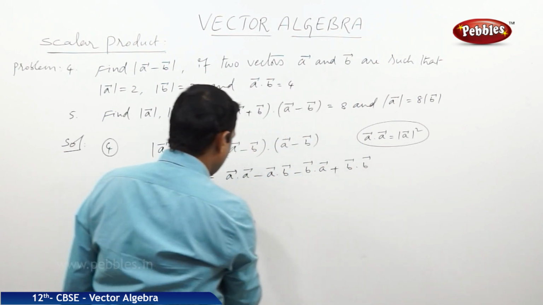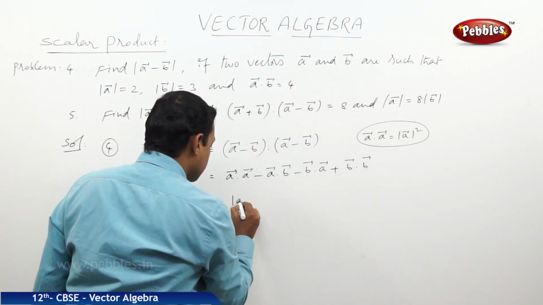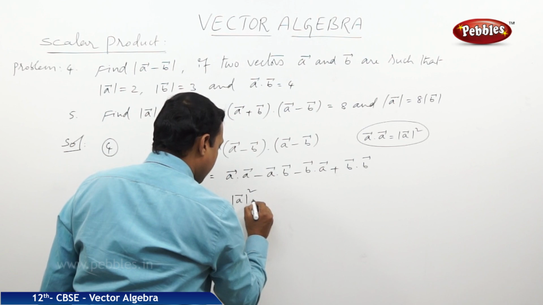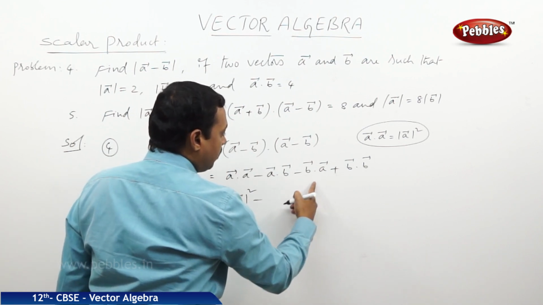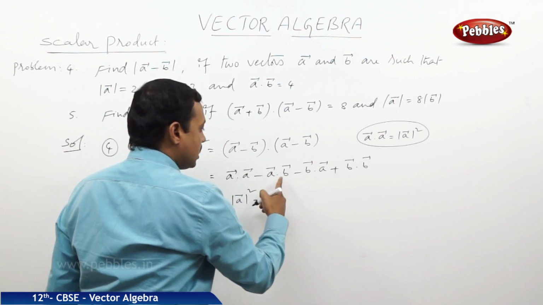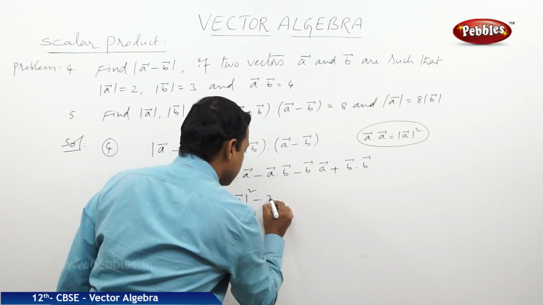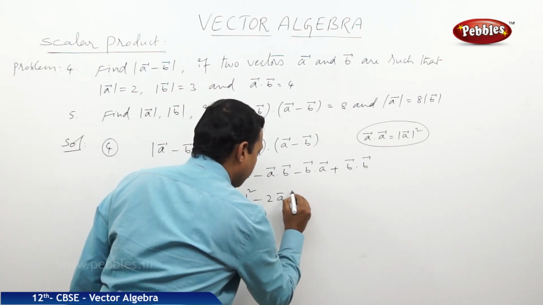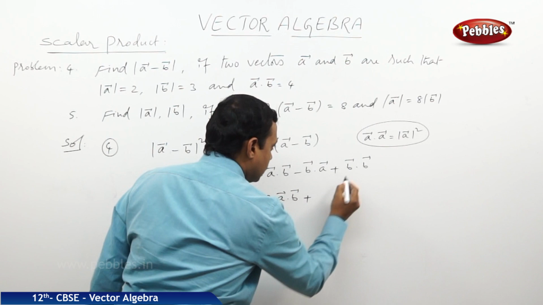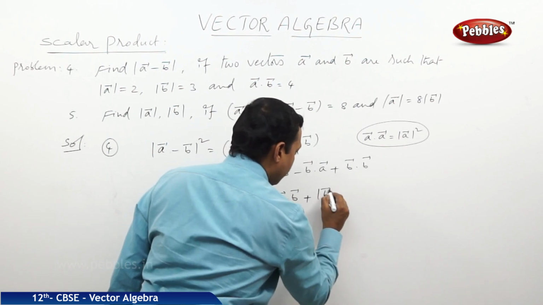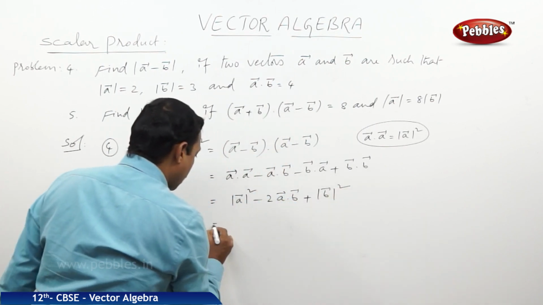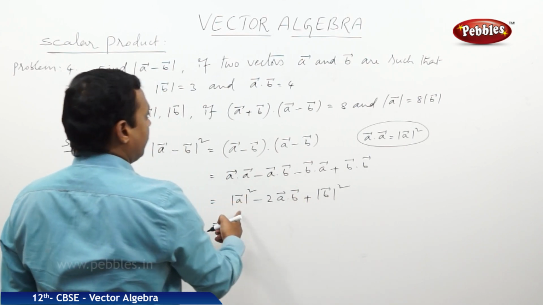Now a bar dot a bar is equal to mod a square, but a dot b, b dot a both are equal, hence minus a dot b minus b dot a is equal to minus 2 times a dot b, plus b dot b is equal to mod b square. Now here all the values are given.